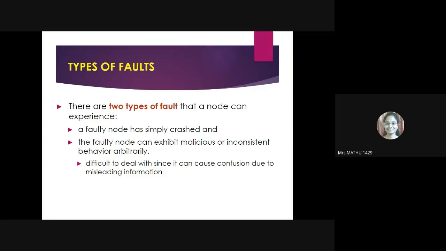Another type of fault is that a faulty node can exhibit malicious or inconsistent behavior arbitrarily. We have already discussed that, right? In a network there are several nodes, and in a distributed system what we expect is that all these nodes work in a coordinated fashion to achieve a common outcome.